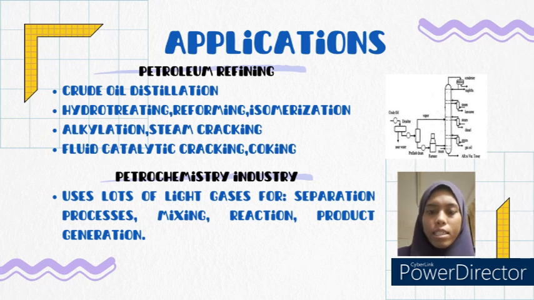Next, another common example of an industry using flashing systems is the petrochemical industry.